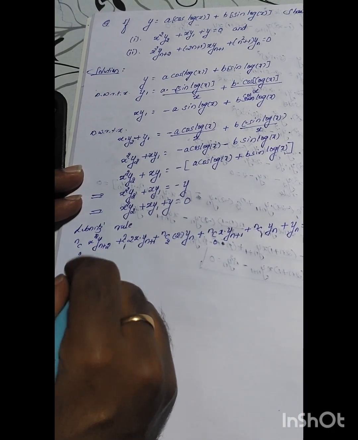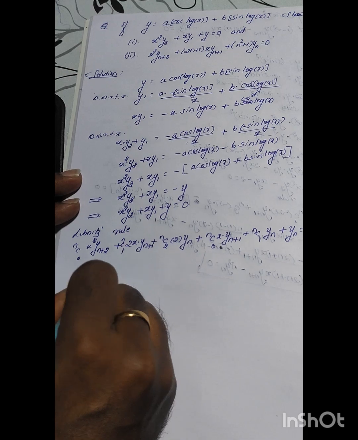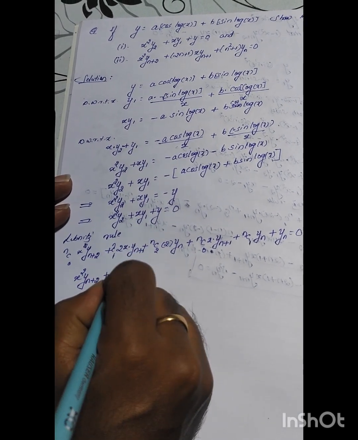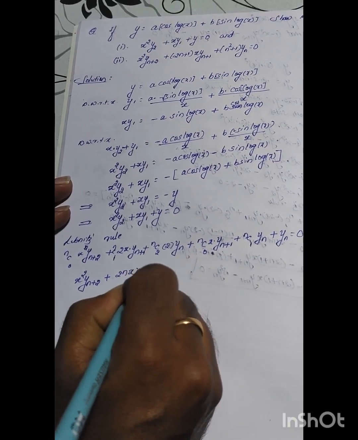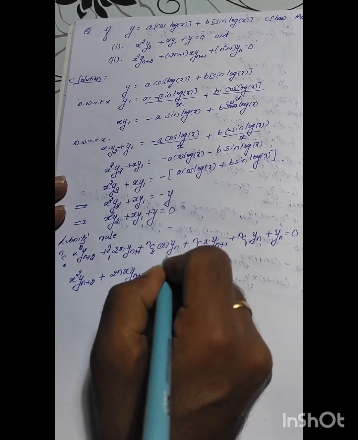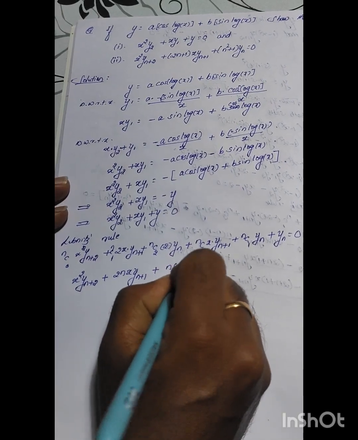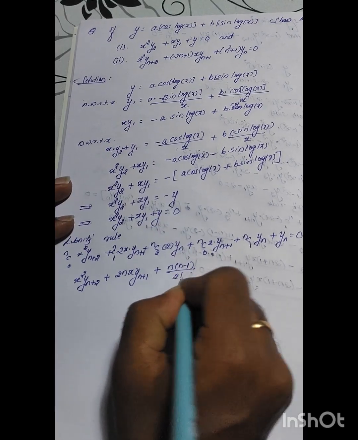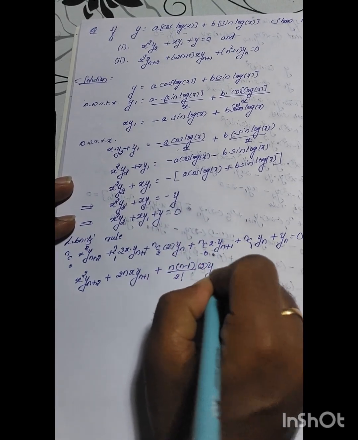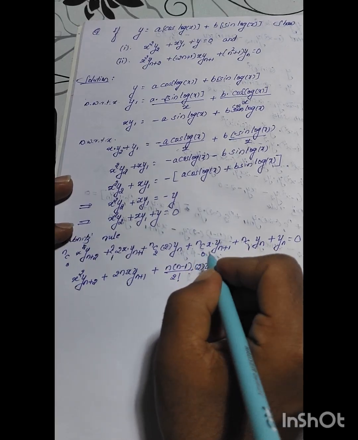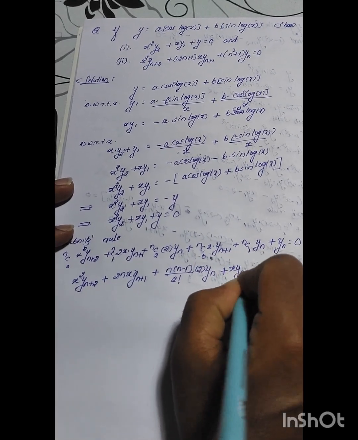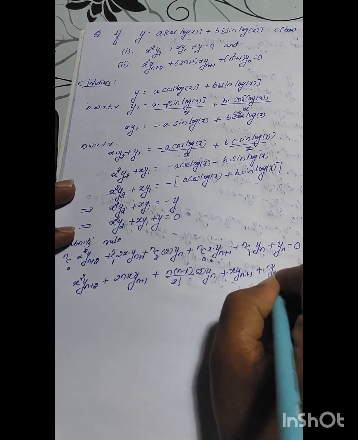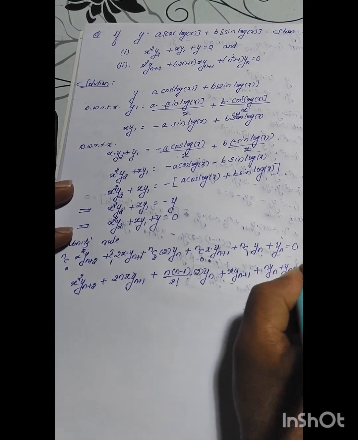So nC0 is nothing but 1, so this is x square yn plus 2, plus nC1 times 2 into x into yn plus 1, which will become 2nx yn plus 1, plus nC2, which will be n into n minus 1 into n minus 2 factorial in the numerator and denominator, which will get cancelled, so we will have 2 factorial here, into 2 into yn, plus nC0, which is nothing but 1, so that is x yn plus 1, plus nC1 is n, so yn, plus yn will be equal to 0.